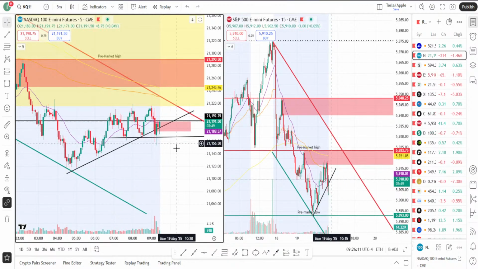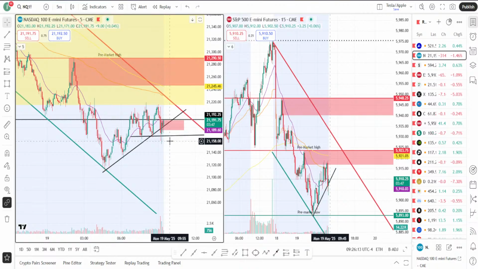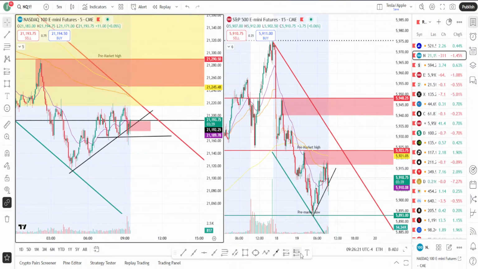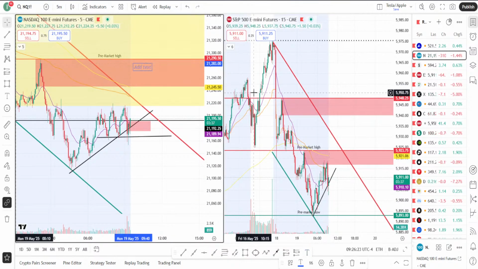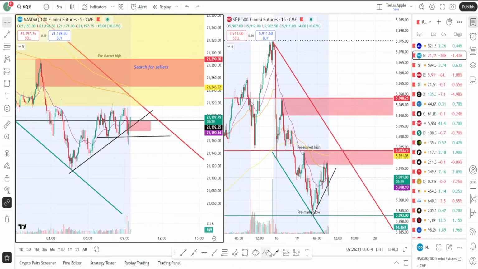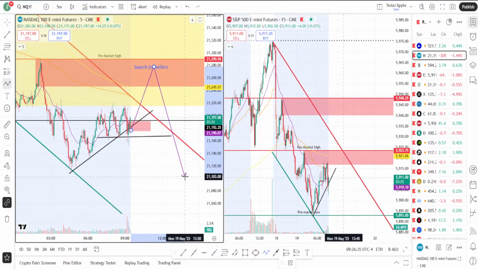So that's why it looks like a trap. So this could be going up to search for more sellers, find sellers who are willing to sell at these highs.